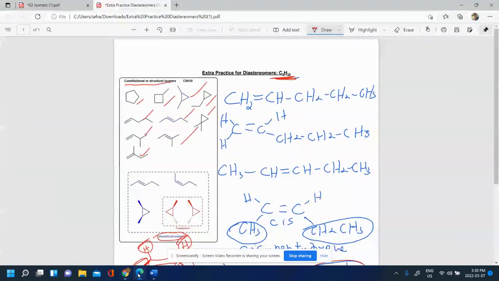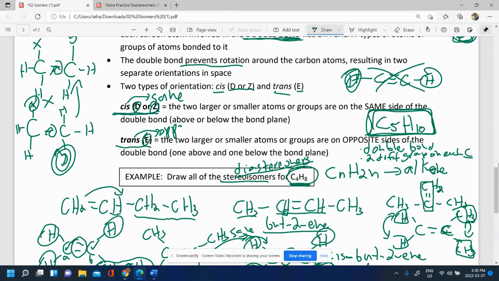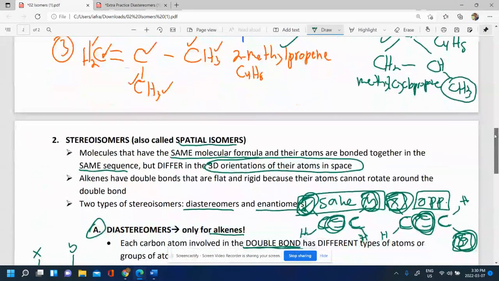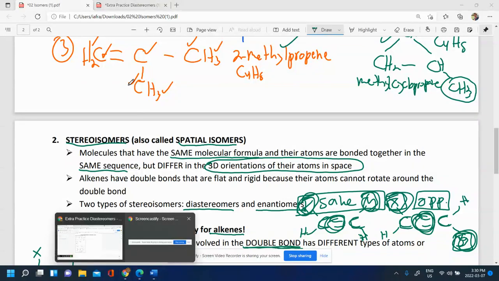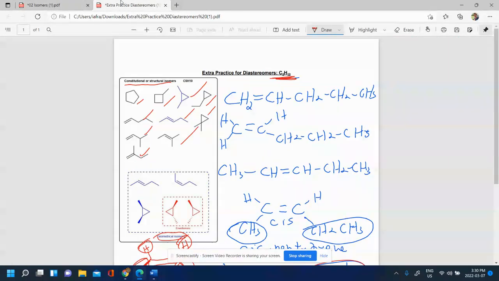And then for your other isomers that we learned about, the stereoisomers, if you remember from the previous lesson, we have our isomers over here. We have stereoisomers, and then one of the types is diastereomers. And so for our diastereomers specifically, we can have the trans and cis version.